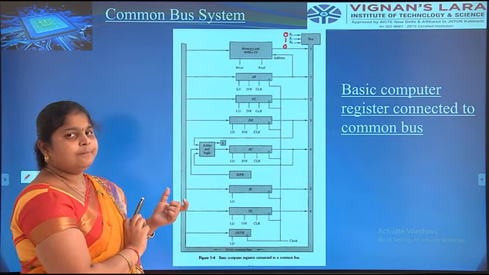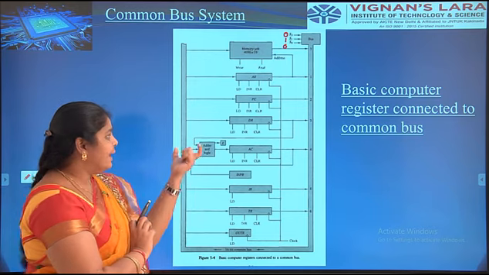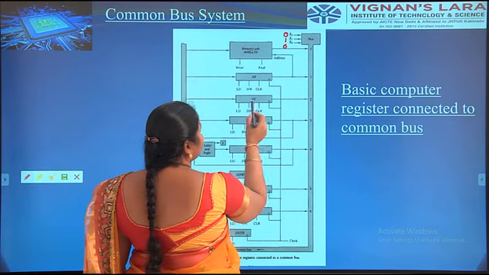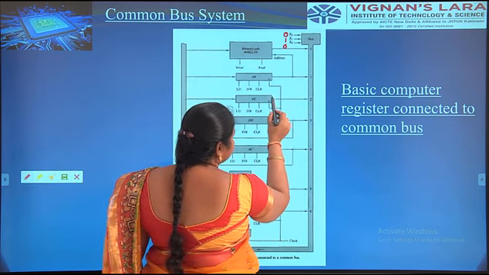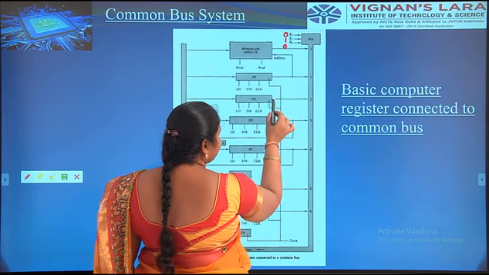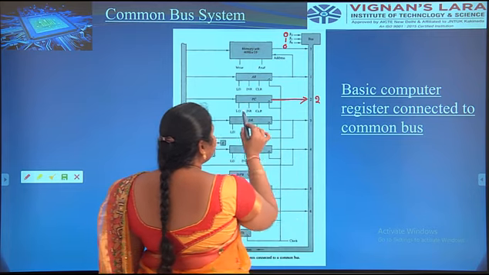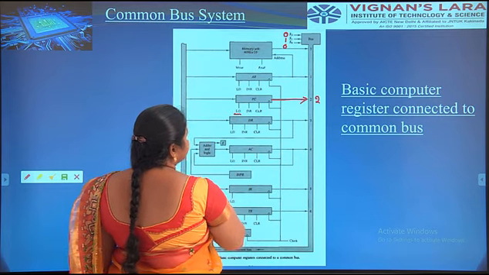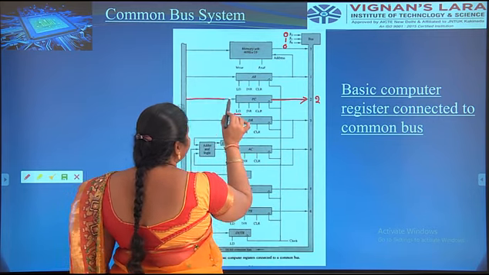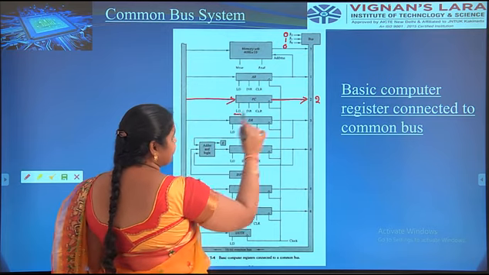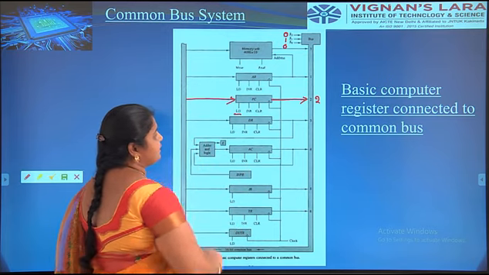It stores the next instruction to be executed. The program counter output is transferred to the common bus. That is why this number is 2. Then load is enabled, which means the information is transferred from the bus to the PC.